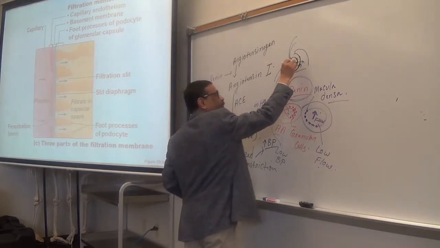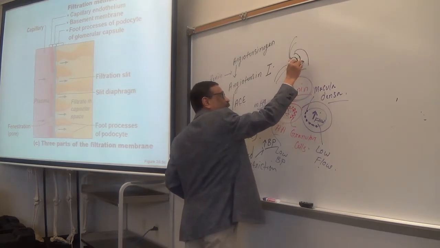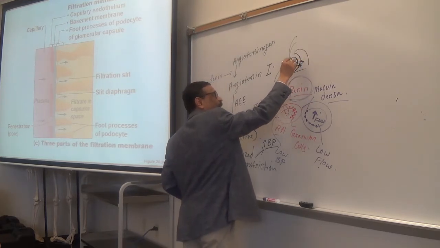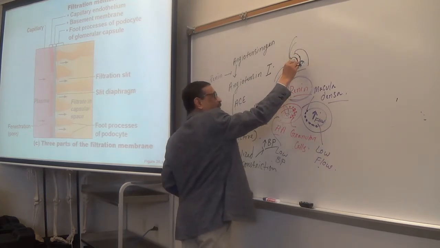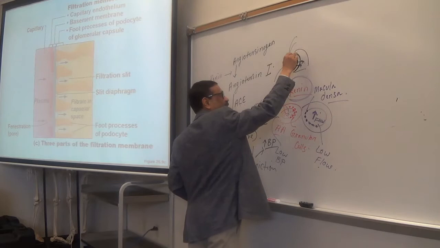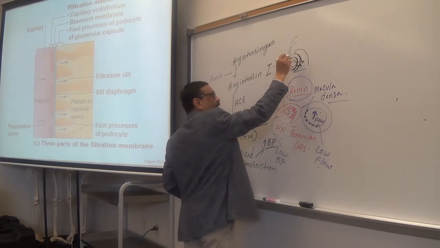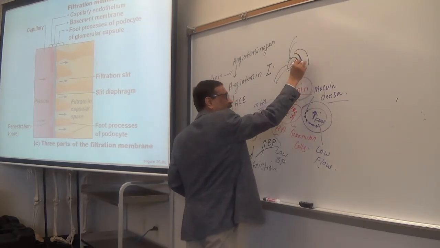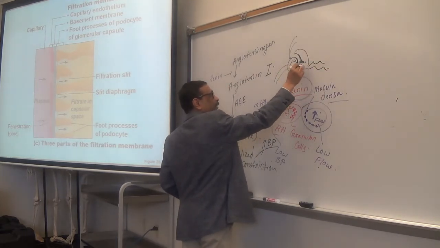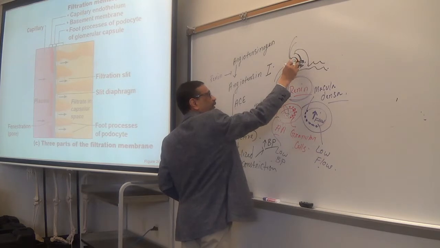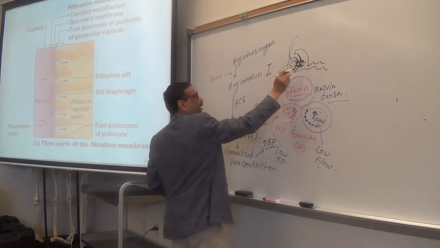So the fluid must pass through these two layers. One is the wall of the capillary, another is the wall of the Bowman's capsule. Okay, so from the blood, fluid enters into the nephron, but it must pass through the layers.